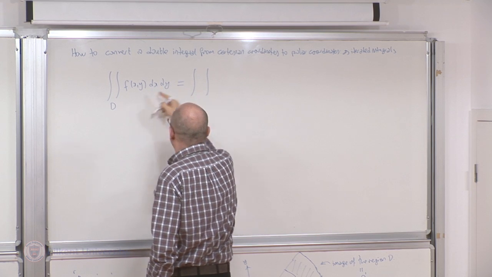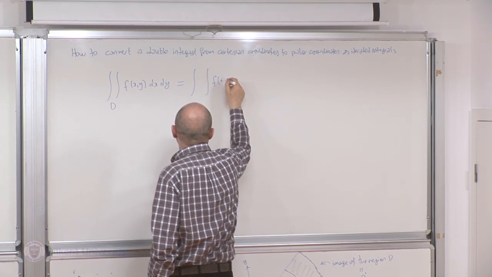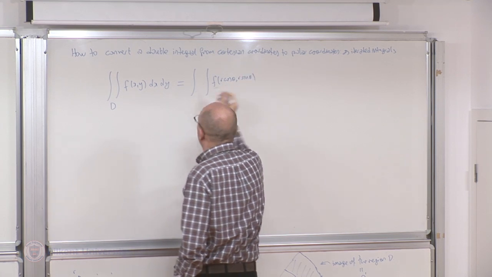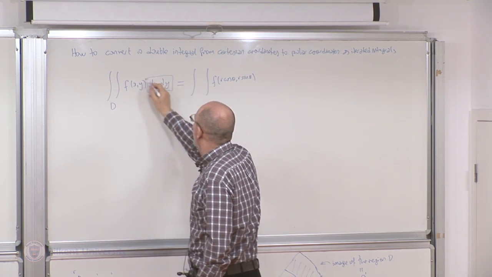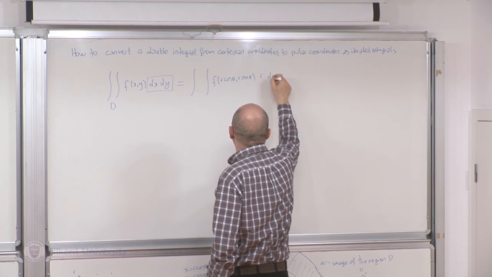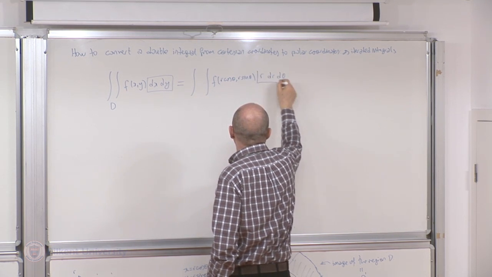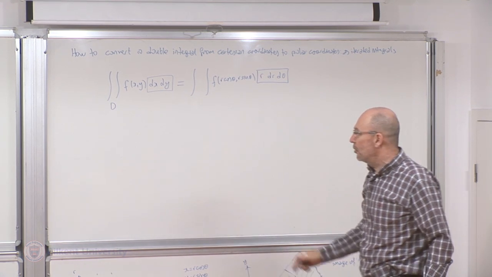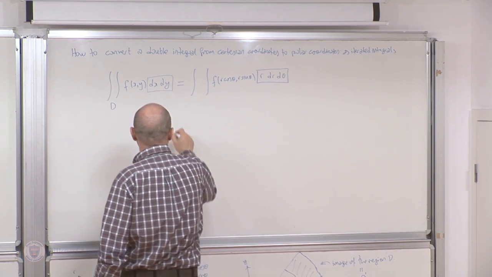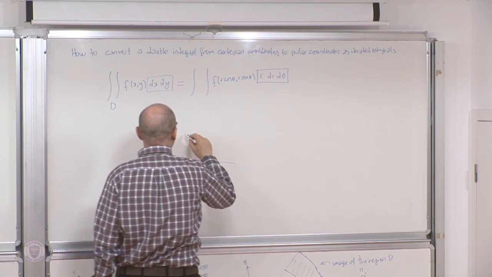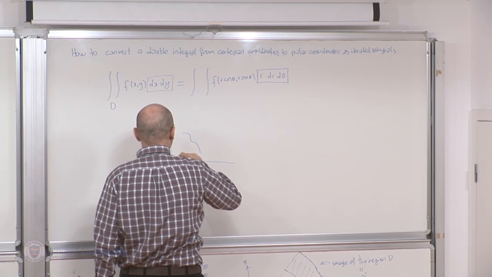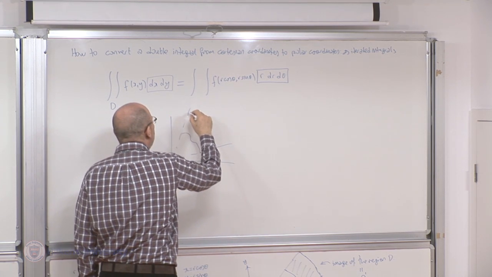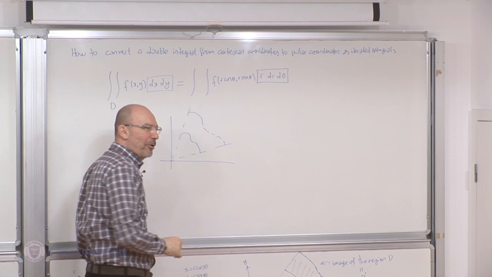So first of all, this part is, of course, trivial. And we also agreed that this one will be replaced by r dr d theta. So it comes to this part. But we ask the same questions again. Suppose we have a region like this. Of course, if you don't have a region like this, then you don't use polar coordinates.